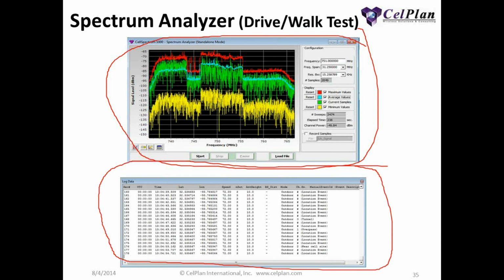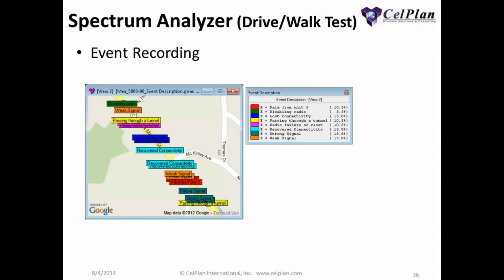So we really have an idea of how the drive test was performed, at what speed the captures were done, and so on. A lot of information. And here a little bit about the event recording. Very, very powerful. We can see the events graphically after, when we play it.